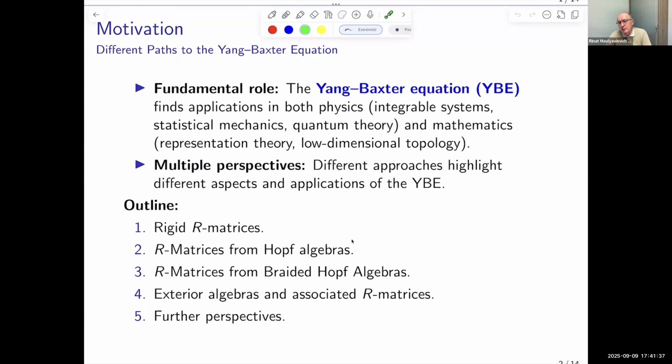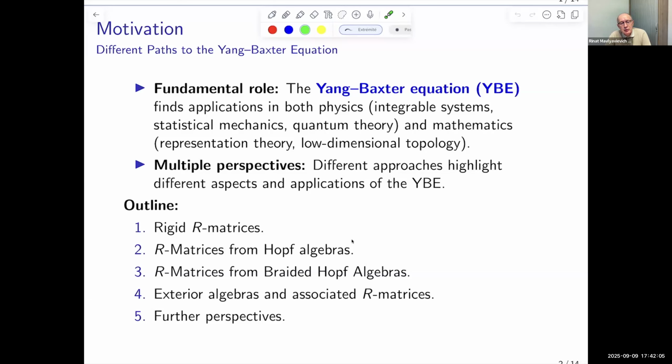First I will talk about so-called rigid R-matrices. This is a simple concept, just an extra condition on the solutions, which is important for applications in the construction of knot invariants. Then I will talk about the standard approach to the construction of solutions from Hopf algebras through Drinfeld's construction.